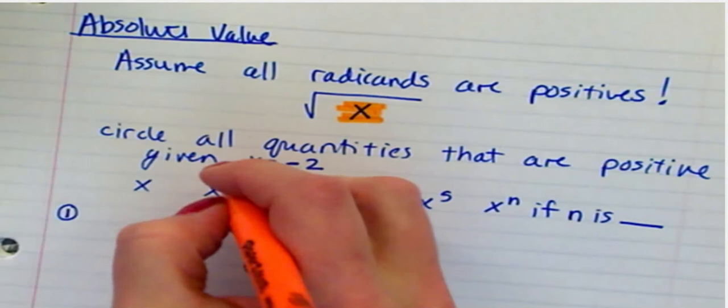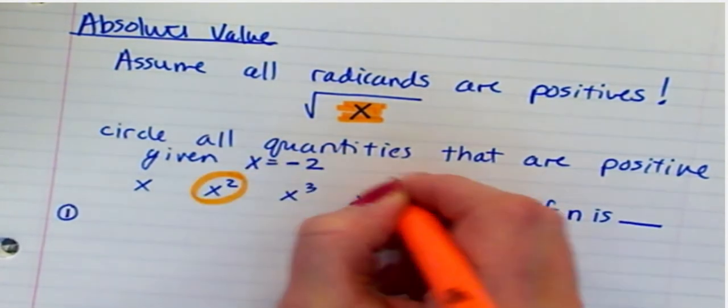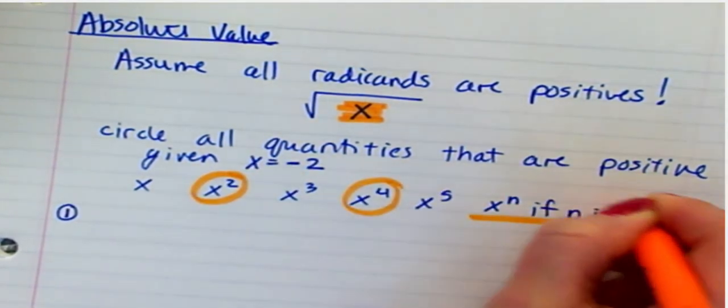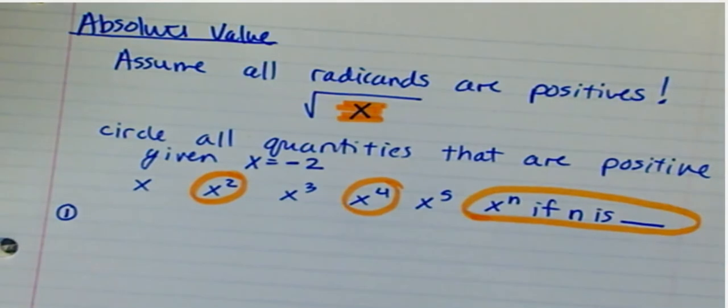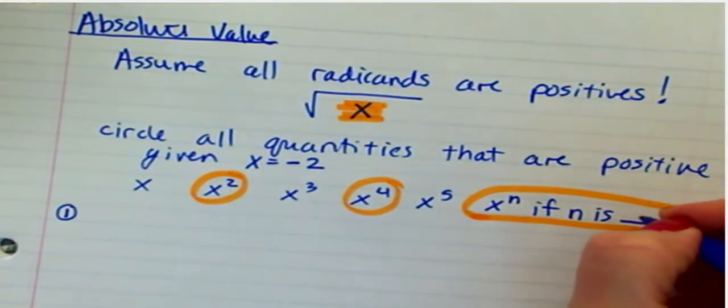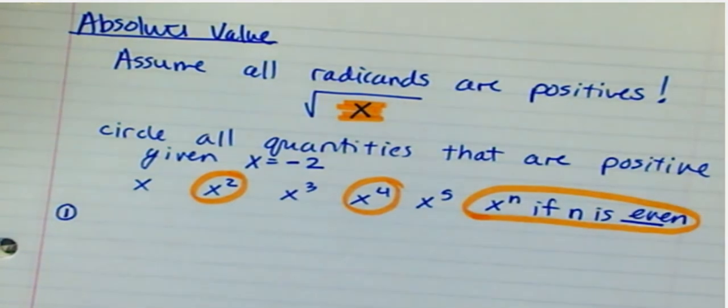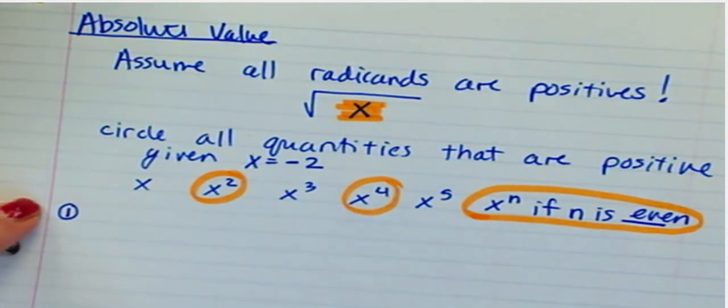Okay, so you should have circled here, here, here, but I want someone to fill in the blank. Even, yeah, even. Okay, and we're going to go through a series of questions a few times in order to figure out where this absolute value is going to be used.